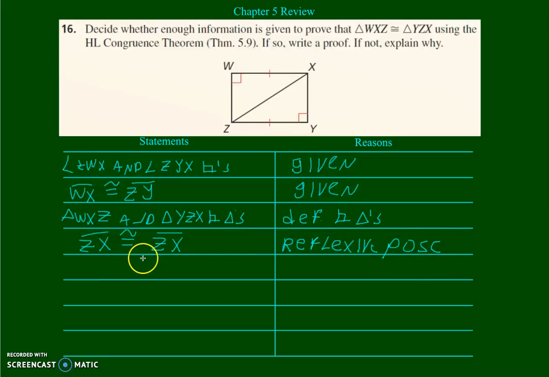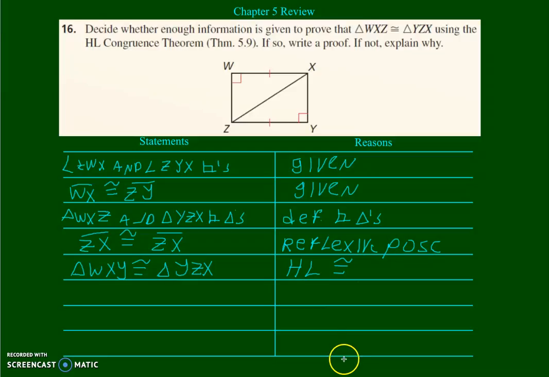And so I now know that we have the leg and the hypotenuse congruent, so I can say triangle WXZ is congruent to triangle YZX by hypotenuse leg congruence.